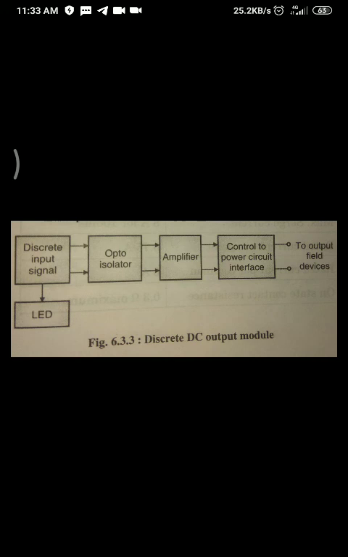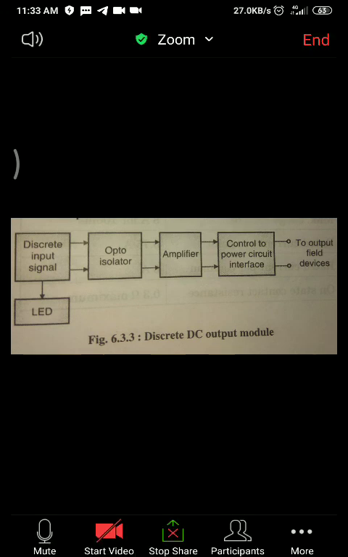But suppose 12 pins are there. Out of that 11 can be input or output, and one common will be there like ground. So it will carry the common current of 6 ampere. Then on state contact resistance of 0.3 ohm is there. So these are the general specifications of the output module.